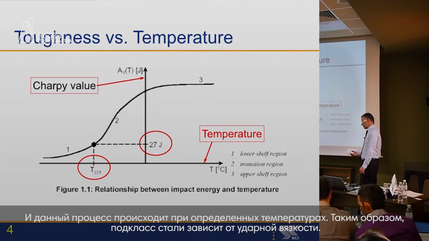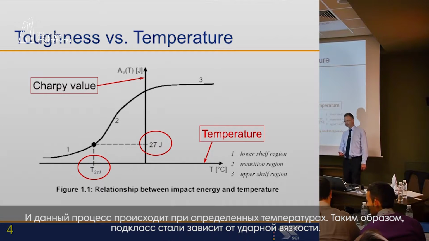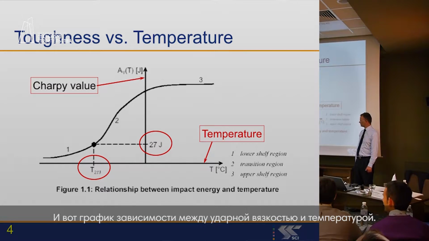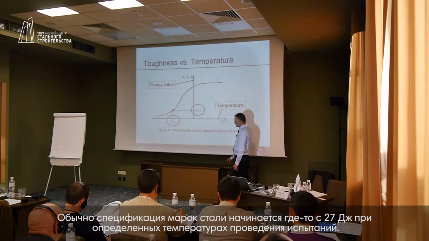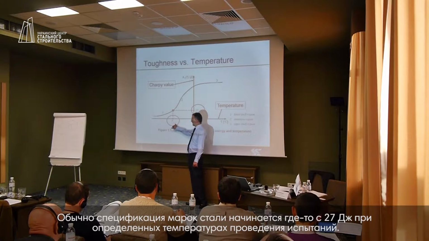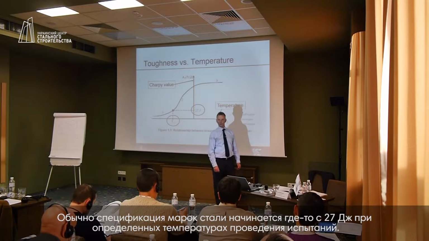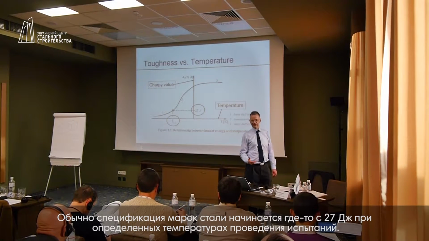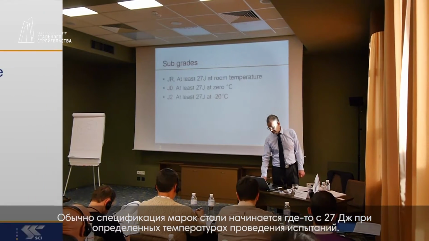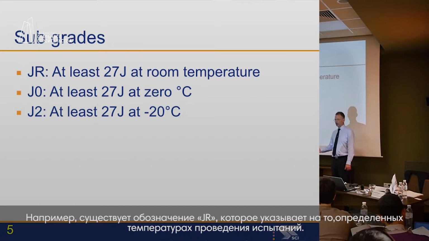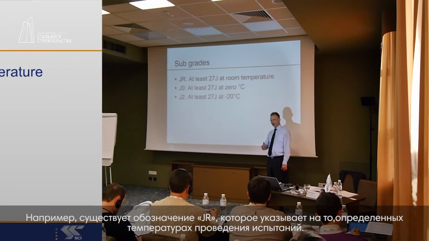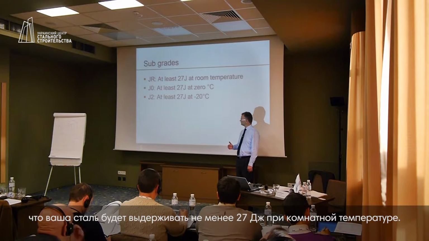So the steel subgrade is a measure of the Charpy value, and that's a reflection of the toughness of the steel. Normally the steel specifications call for at least 27 joules at a certain test temperature. So, for example, the subgrade designation JR means that your steel will achieve at least 27 joules at room temperature.